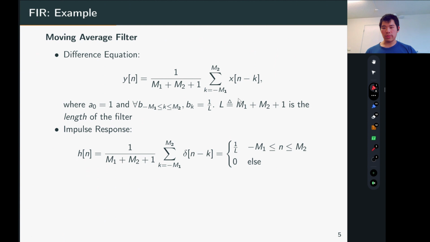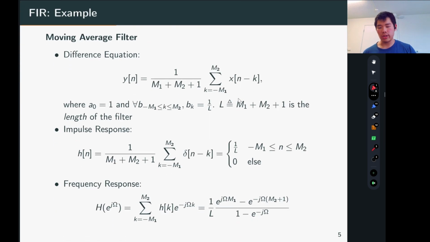And to get the impulse response, we just set the input to be the delta function, and this is basically just 1 over the length of the filter, and this is only when n is between minus M1 and M2, and it's 0 everywhere else.